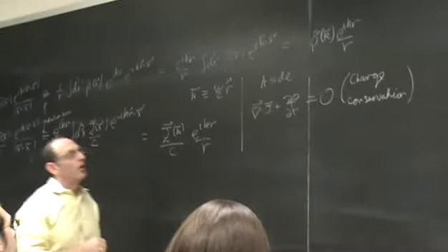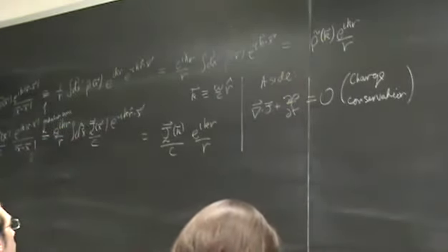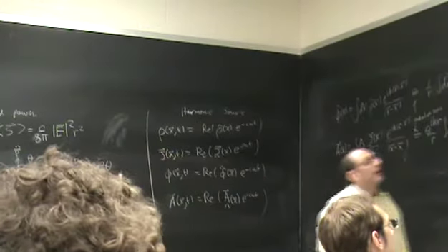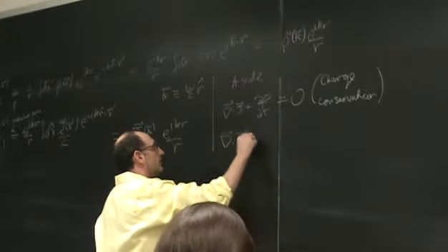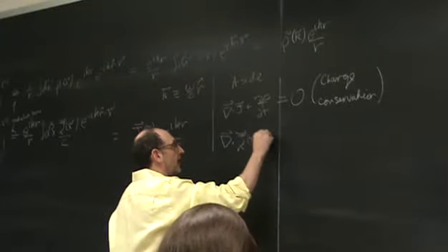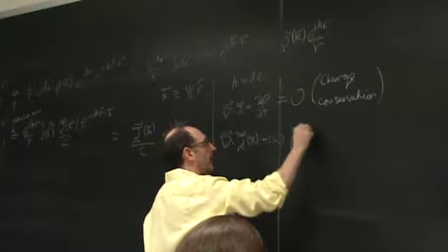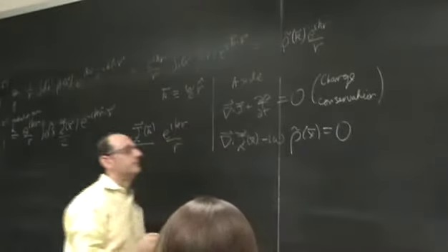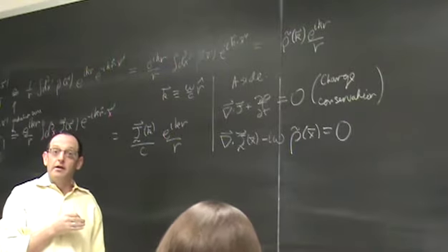So when we are restricting our attention to harmonically oscillating fields, then that tells us that del dot J tilde of x minus i omega rho tilde of x is equal to 0. Okay, that's in the Fourier domain of time.